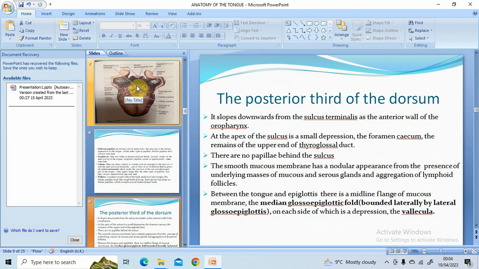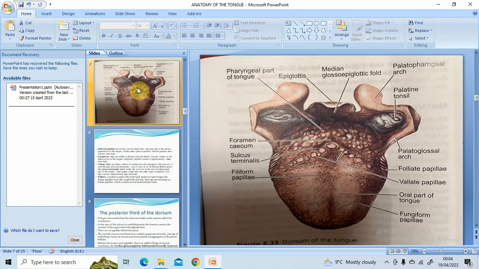From the sulcus terminalis there is a depression called the foramen caecum. That is the embryonic origin of the thyroid gland, the remnant of the thyroglossal duct. From here down is the anterior part of the oropharynx, the posterior third of the tongue.